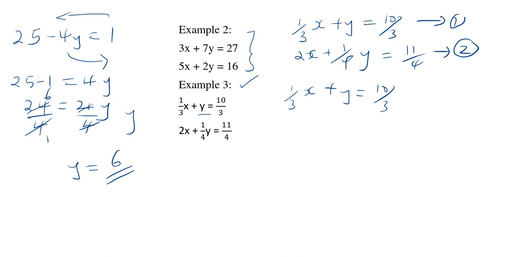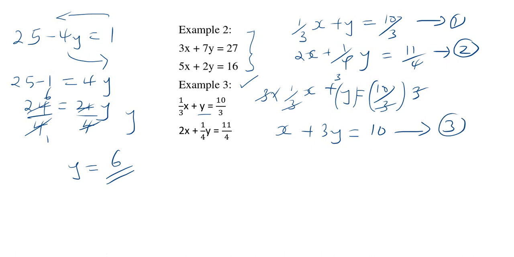LCM here is 3. So we multiply throughout by 3. So 3 shall cancel with 3. And this 3 shall go with this 3. And we shall remain with x plus 3y is equals to 10. Let's have this as 3.